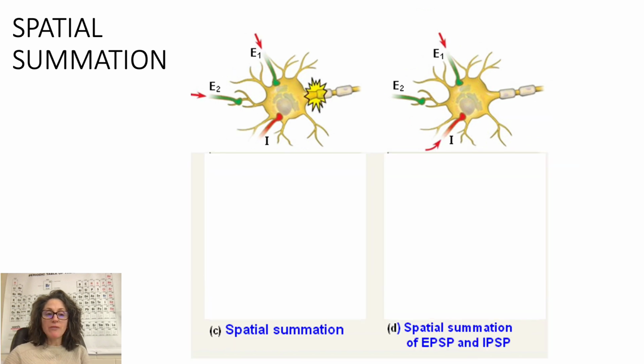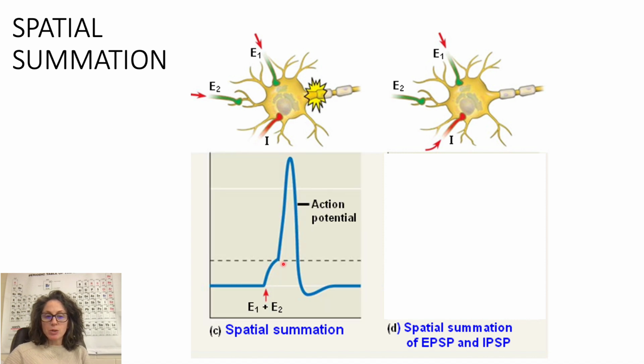We also have spatial summation, where we have more than one neuron firing excitatory signals, remember these are excitatory, to the postsynaptic neuron. So in this case, we have E1 and E2, both excitatory neurons sending their neurotransmitters at the same time, and that is going to cause an action potential.